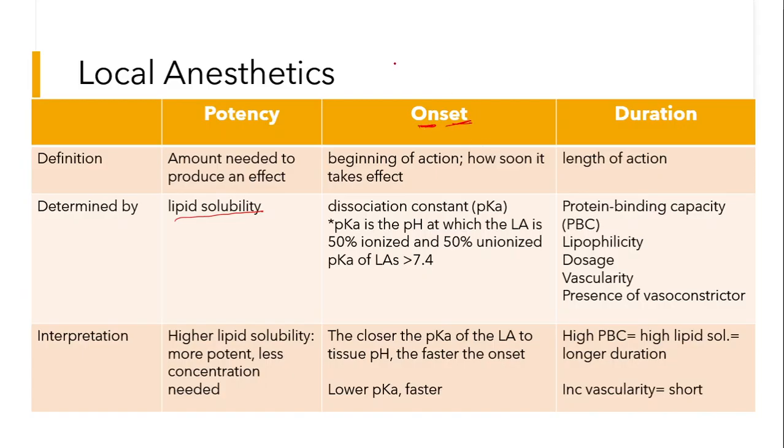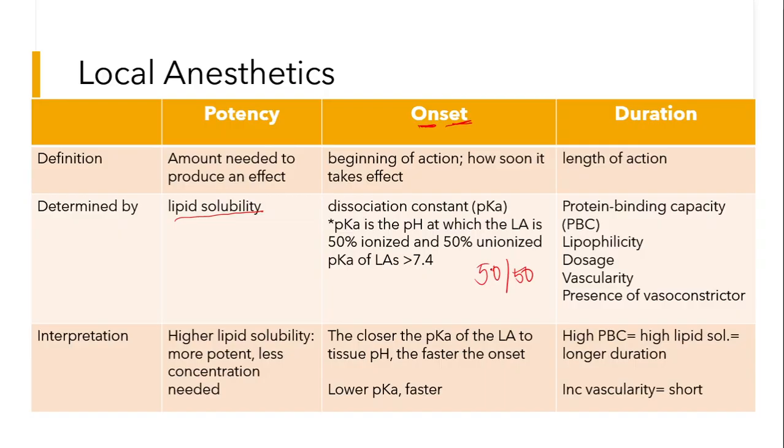Now onset is determined by the dissociation constant, or your pKa. I know this is a scientific term, but what is pKa? pKa is simply the pH at which the local anesthetic is 50% ionized and 50% unionized. So pKa is 50-50.